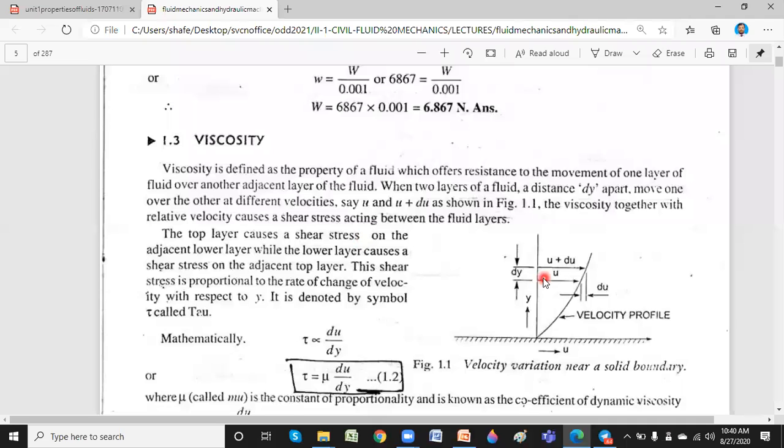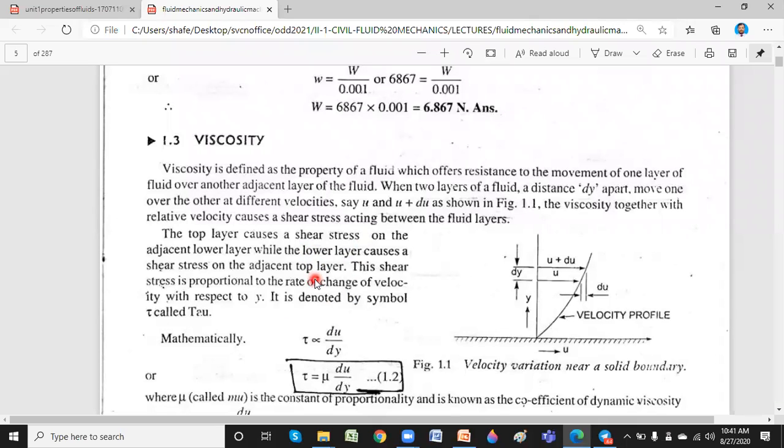I have two plates separated by a distance of dy. Assume one plate is stationary and the other I move with velocity du. The viscosity is because of the shear stress between the two plates.